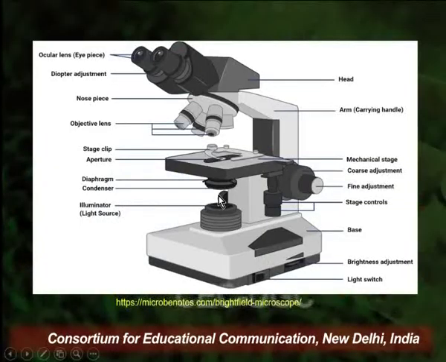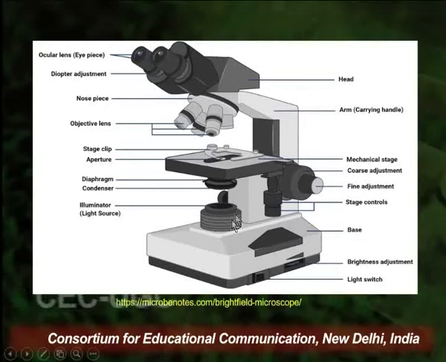Let us try and understand these components of a compound microscope with the help of a schematic diagram. Here in this schematic diagram you can see that the source of light is lying at the bottom of the specimen stage.